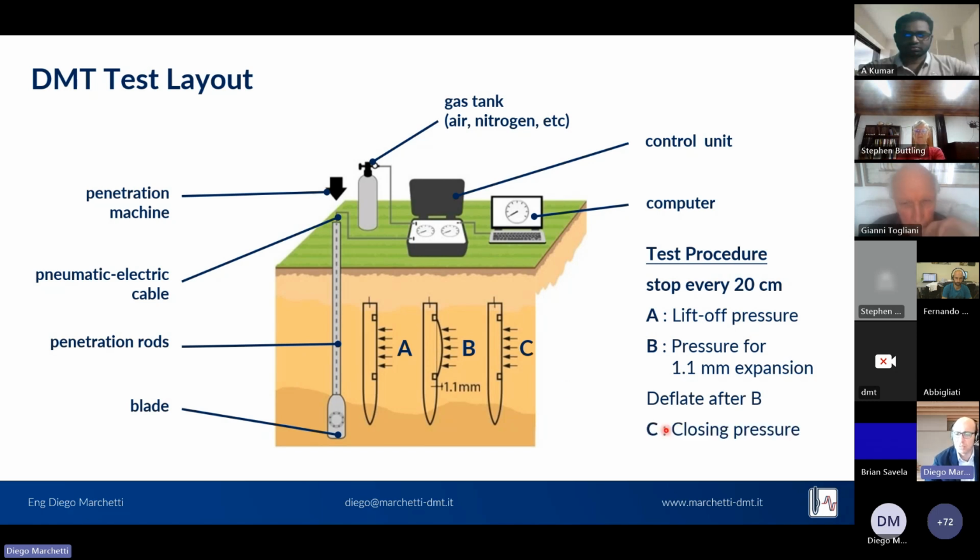If the deflation was performed with a slow vent valve, the C reading, which is the closing pressure of the membrane returning after B, will also be recorded. So a DMT test consists in taking 2 or optionally 3 pressure readings, A, B, and optionally C, every 20 centimeters.